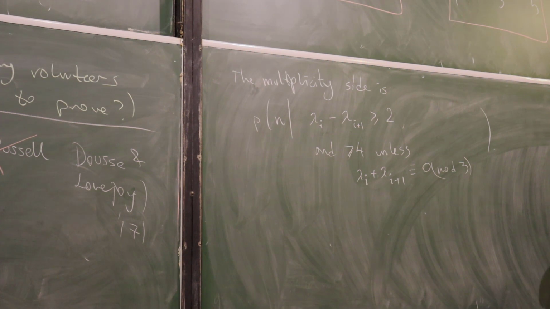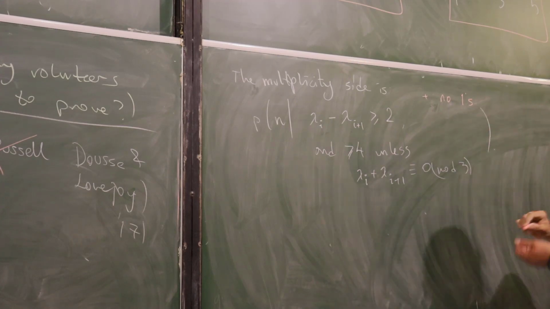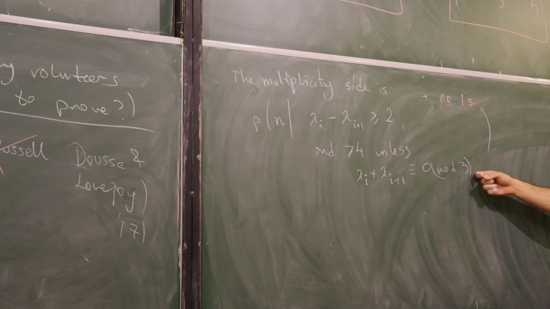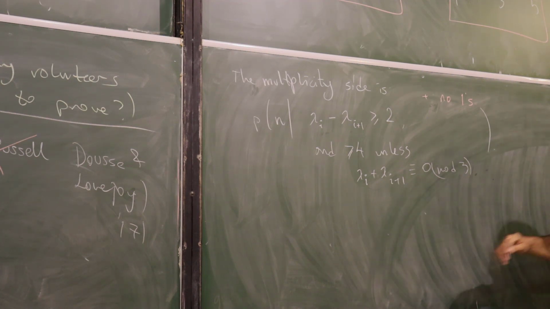And I think we don't allow any ones here. If you think hard enough, you will be convinced that this is equivalent to the description Joanne gave you before lunch. This is the multiplicity side.